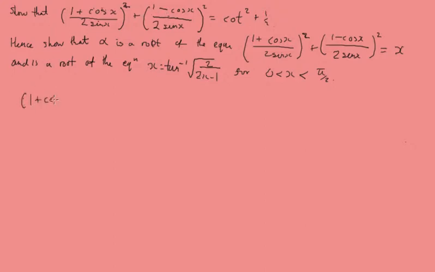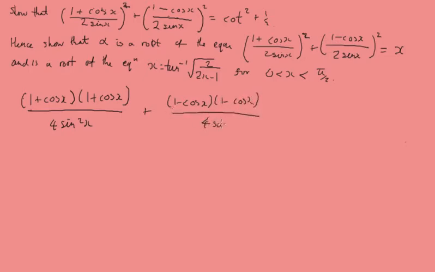So we've got 1 plus cos x, 1 plus cos x, all over 4 sine squared x, plus 1 minus cos x, 1 minus cos x, all over 4 sine squared x, which comes out as 1 plus 2 cos x plus cos squared x, and then we can put this all into one fraction because it's the same denominator.